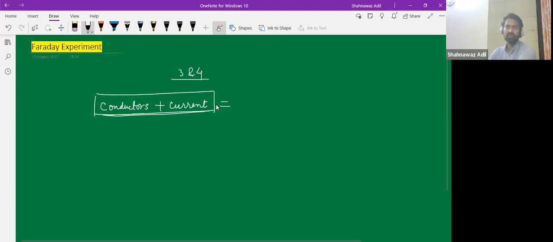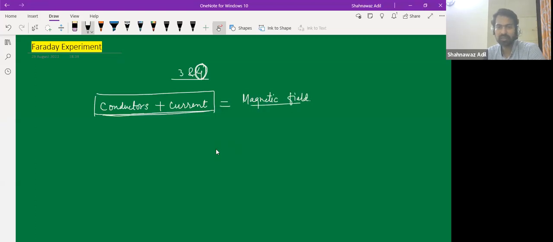Yes, when we apply electric current in the conductor, then we got a magnetic field, right? Is this correct, everyone?